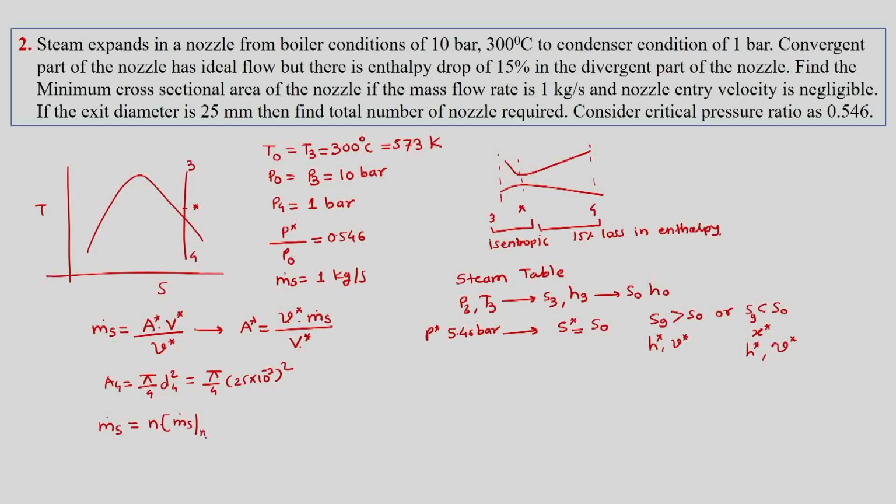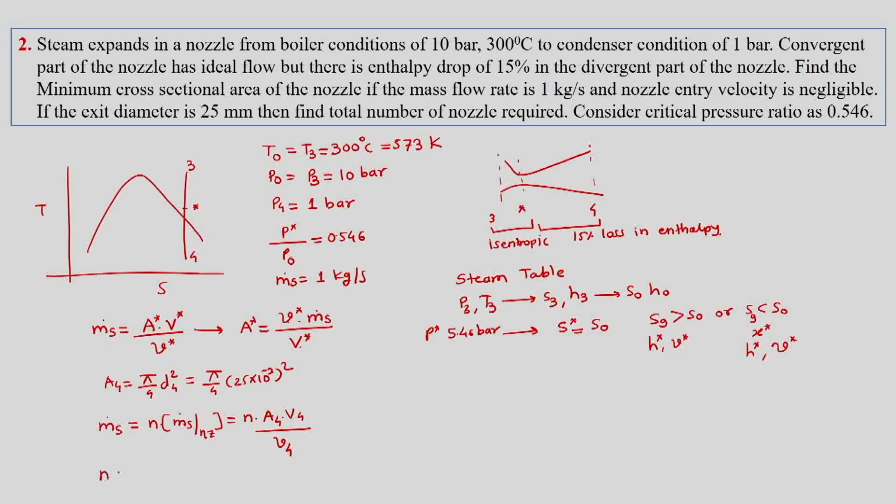Once A4 is found out, m dot S is equal to the number of nozzles, N, into m dot from one nozzle. So this is equal to N into area at 4 into velocity at 4 divided by specific volume at 4.